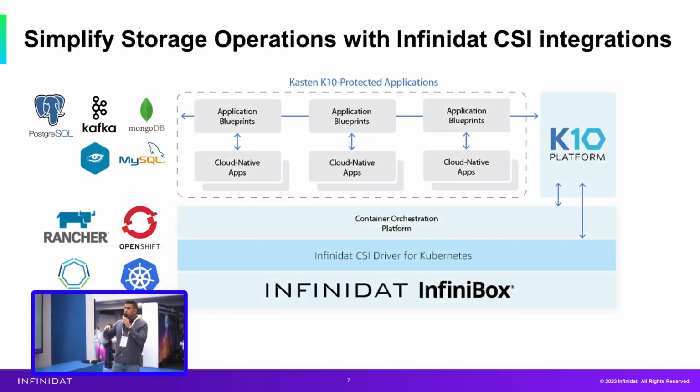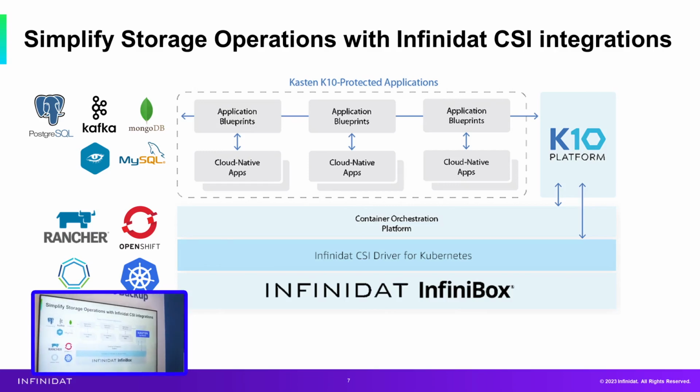Okay, so we're talking about storage and the challenges, and now let's talk a little bit about how Kasten is integrated in this solution. This is a high-level overview, and you can see that Kasten works in several ways. First is Kasten by Veeam, a data protection application for containers. The first method works with the orchestrator API, the container orchestration platform.